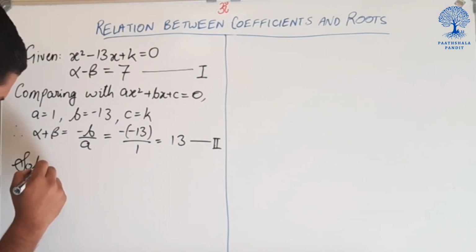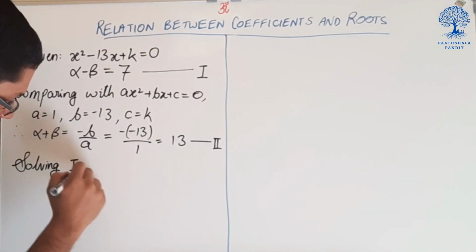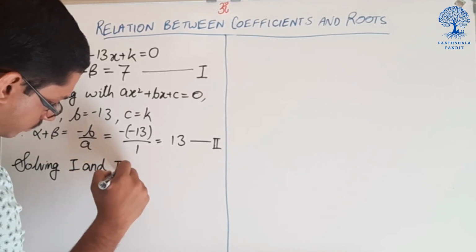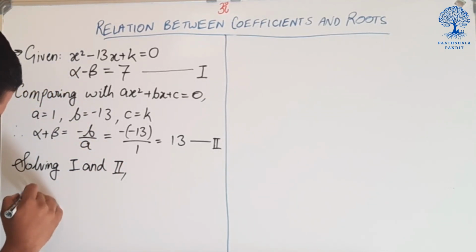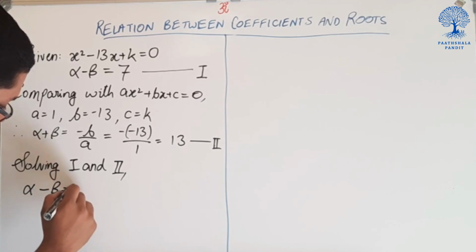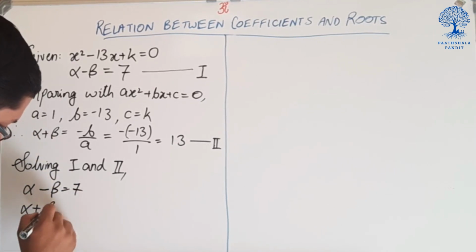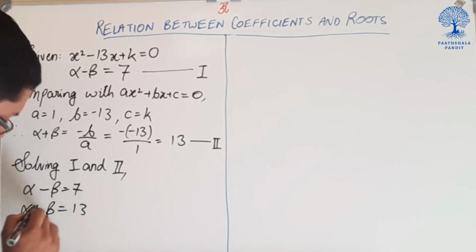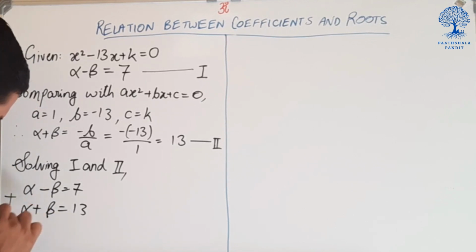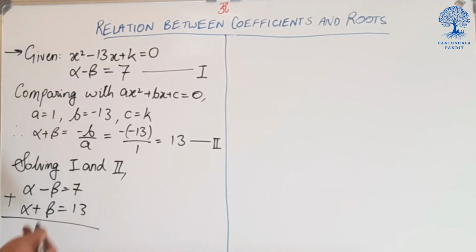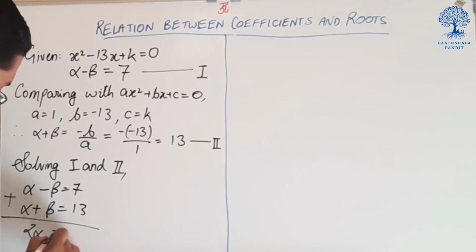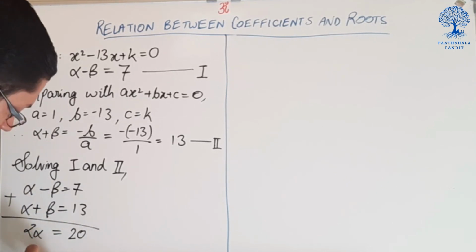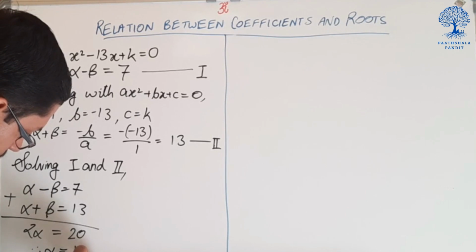Solving 1 and 2: alpha minus beta is equal to 7, alpha plus beta equals 13. Now let's add them, because then the beta will get cancelled. 2 alpha is equal to 20. Therefore alpha is equal to 10.